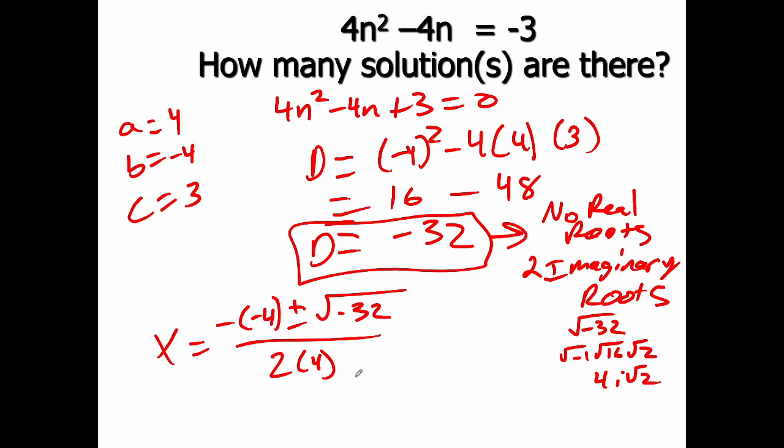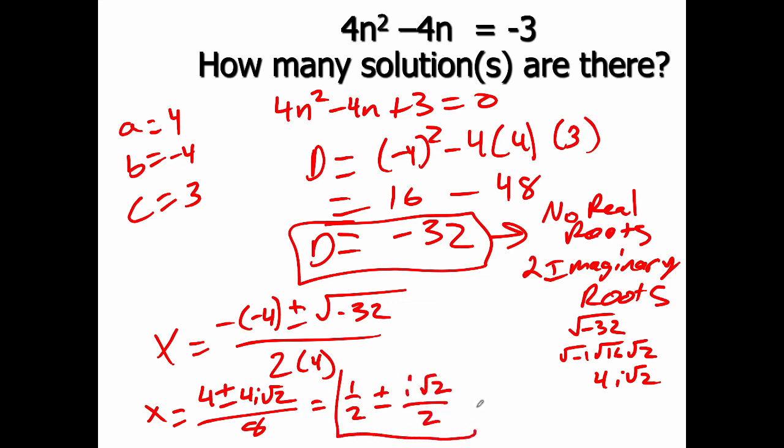So I'm going to have x equals 4 plus or minus 4i root 2 all over 8. So now I can put 4 over 8, which is actually 1 over 2, plus or minus 4i root 2 over 8, which is i root 2 over 2. And there is your answer. Two imaginary roots, and we could tell that right up here.